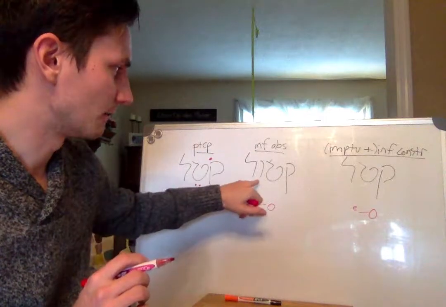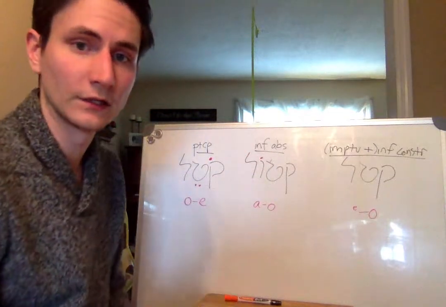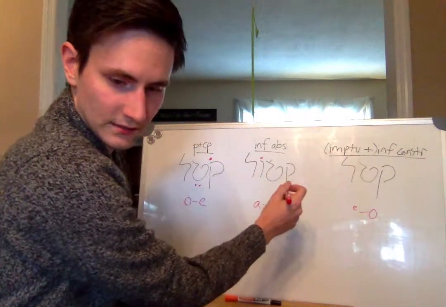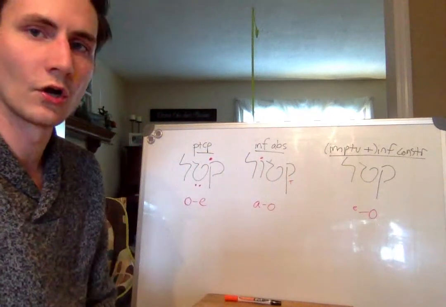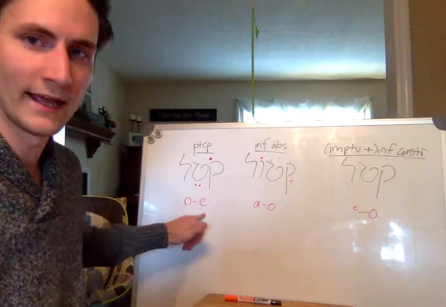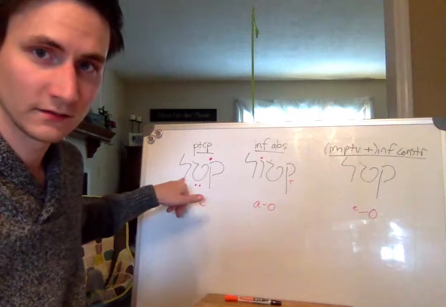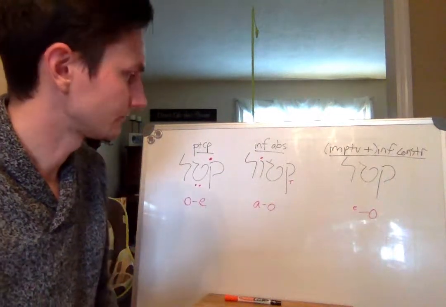And so if you see the mater O, that's a big clue that this is an infinitive absolute. So it is a qamets, long A, and a long O. Qatol. So O-A, A-O. Qotel, participle. Qatol, infinitive absolute. Okay?